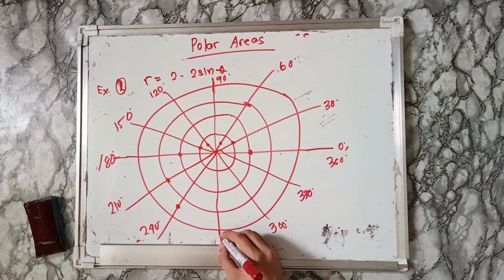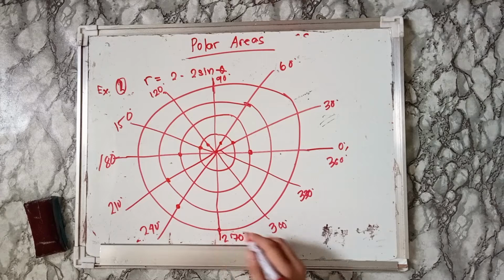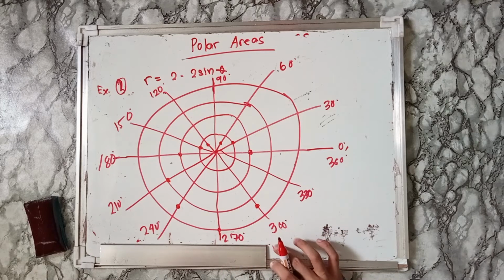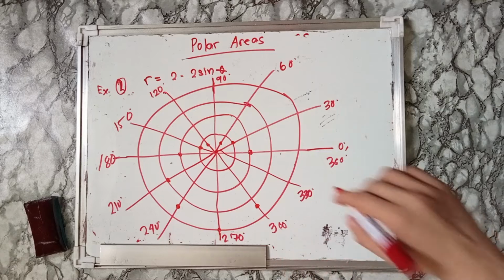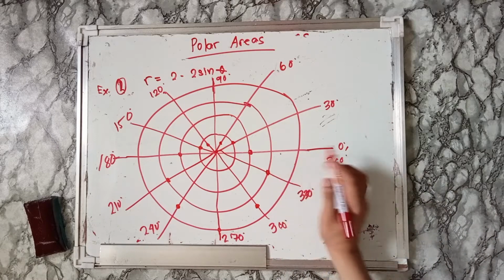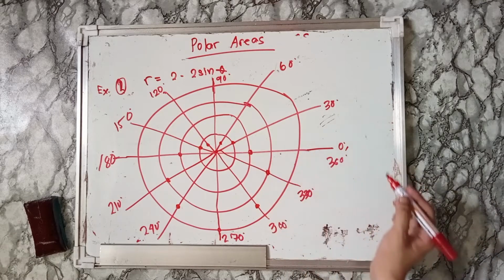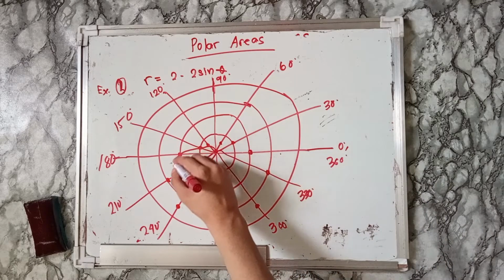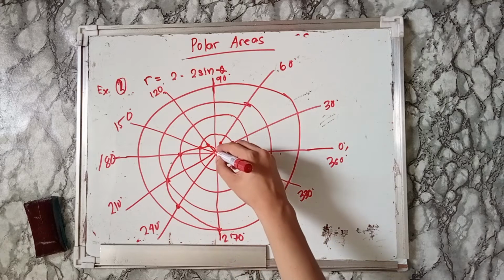And then 270 is 4. 300 is 3.73. 330 is 3. And of course 360 is also 2. Now it should look like this.